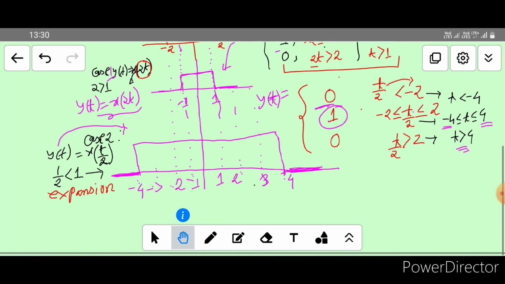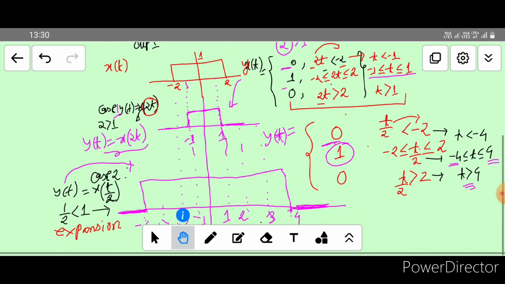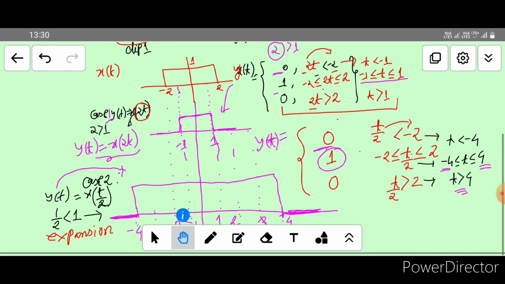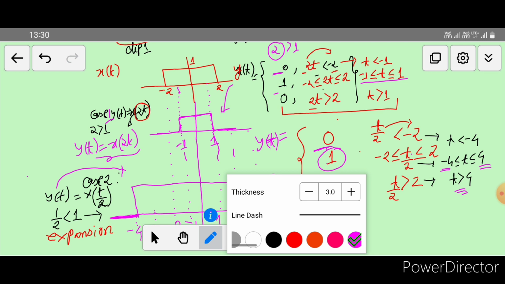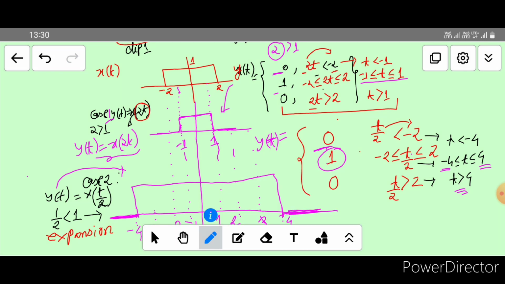I hope now you can see the clear description and can relate it with the two sound clips that I played earlier. The original signal was defined in the time domain between minus 2 and 2.